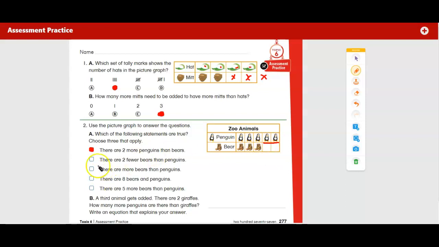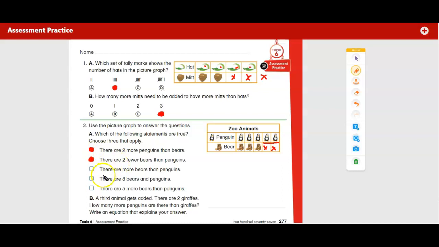The next statement that would be true is that there are 2 fewer bears than penguins. If we look at the graph again, where there are 2 more penguins, there are 2 less bears, or fewer bears. So we would choose those 2 statements.